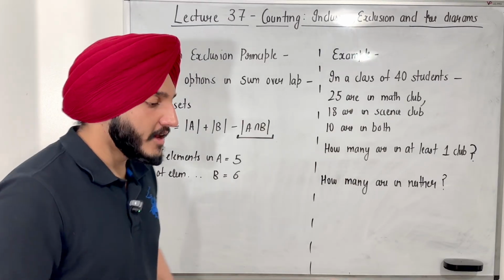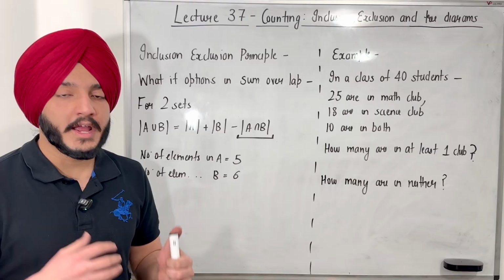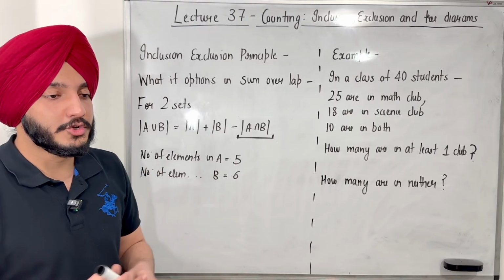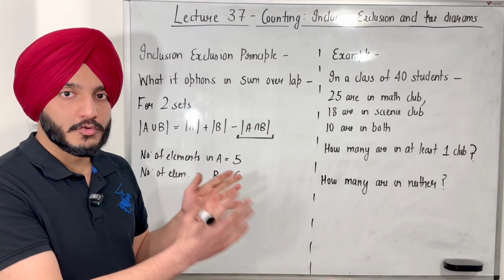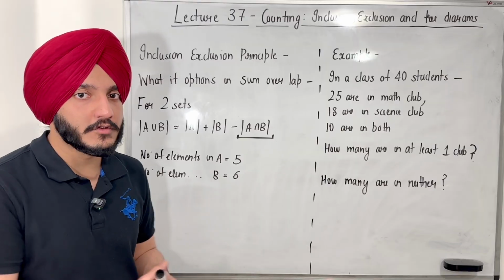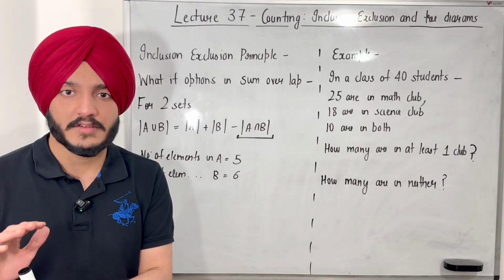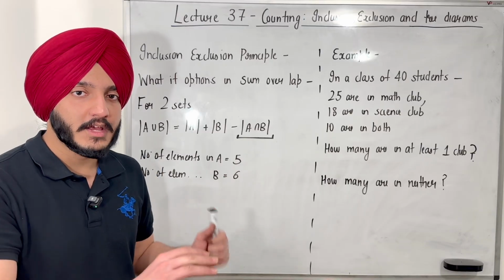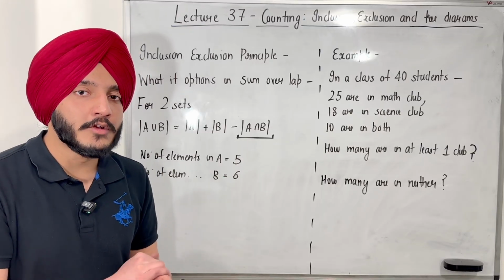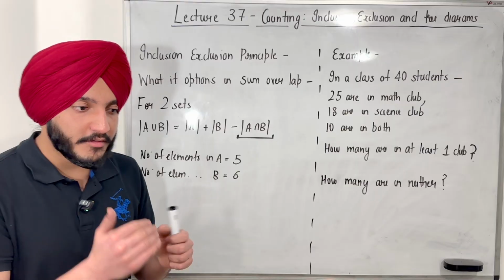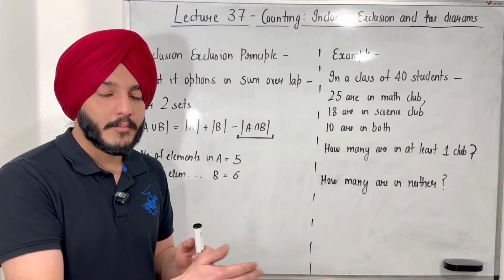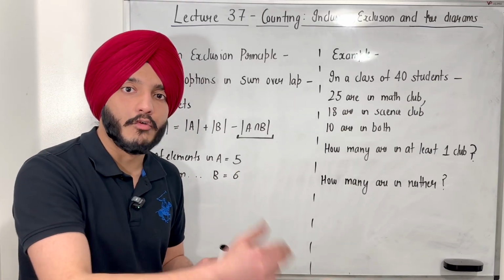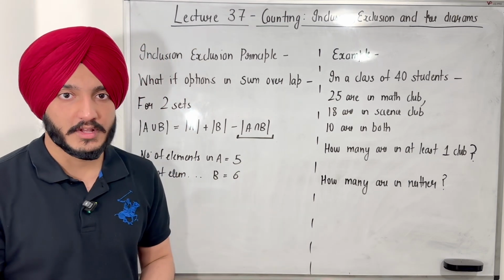So just like in the example, if I ask someone to choose, you can either choose computer science, which has 5 courses, or you can choose computer engineering, which has 5 courses, but 2 of the courses in both of these fields are overlapping. So how many total options would you have? You would have 5 plus 5, 10, but then you would also have to subtract the overlapping courses, which would be 2 in this case, right?